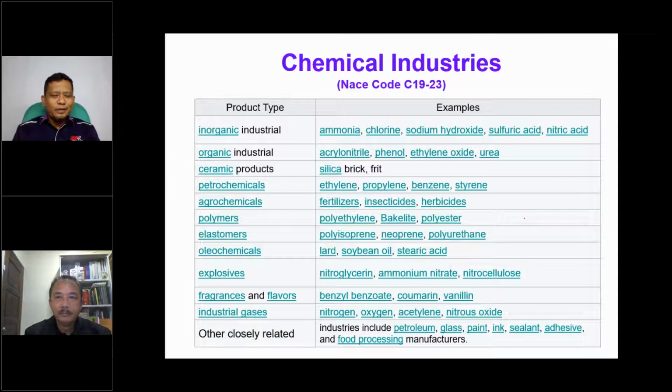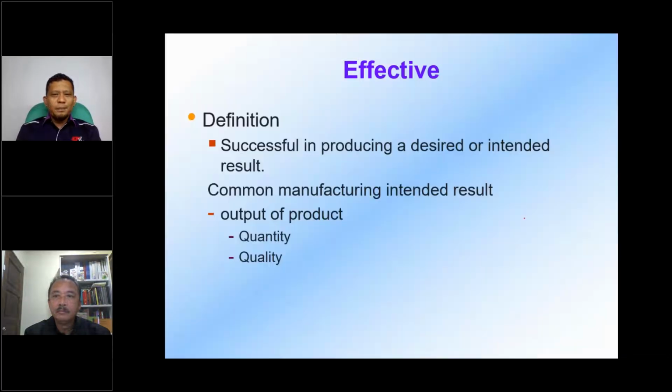For example, in food processing, normally we have blending, mixing, and cooking. In chemical industry we sometimes don't call it cooking, we call it a chemical reaction process using a reactor. So food processing is almost the same as chemical industry.